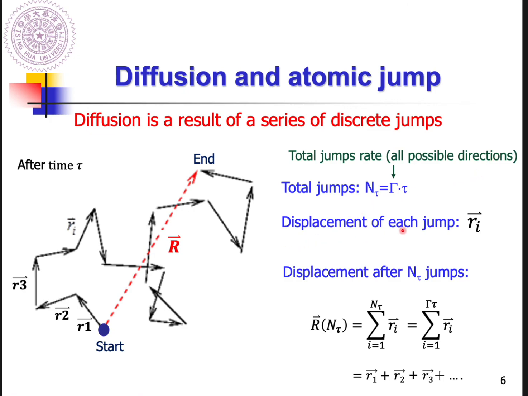So the displacement of each jump we represent with a small r, and the displacement after n tau jumps we represent with a capital R. You simply sum the small r from i equals 1 to n tau, and you get the displacement after n tau jumps, represented by capital R.